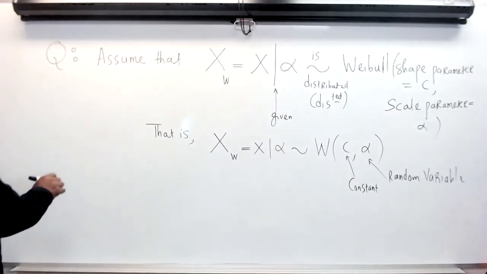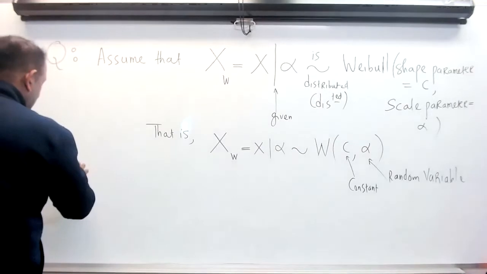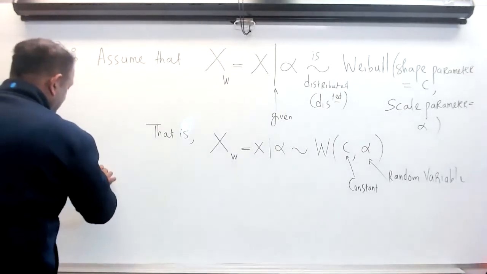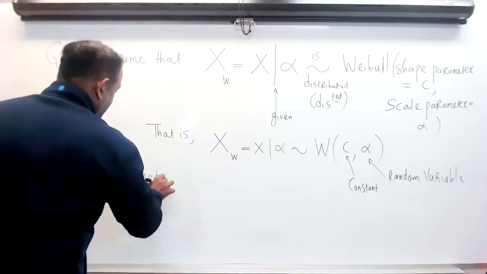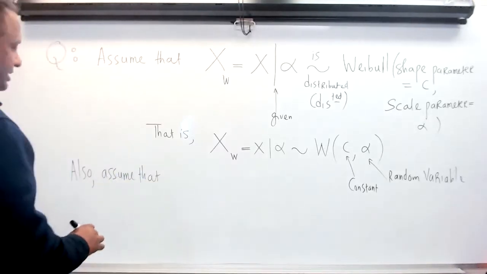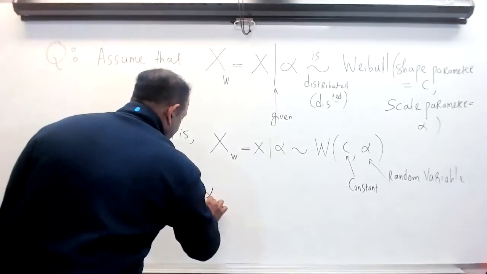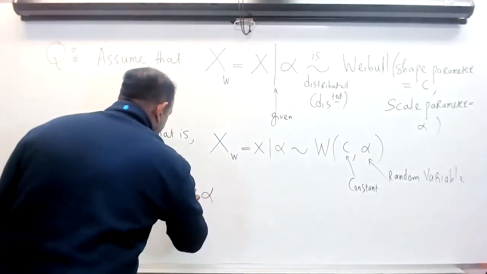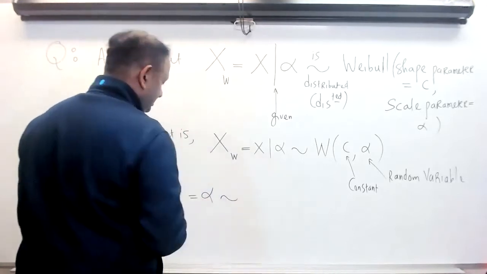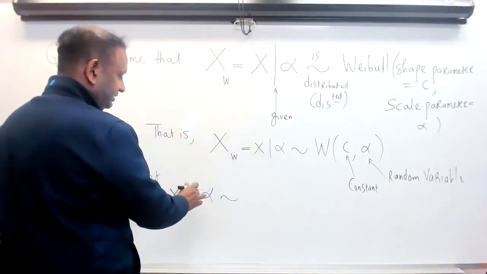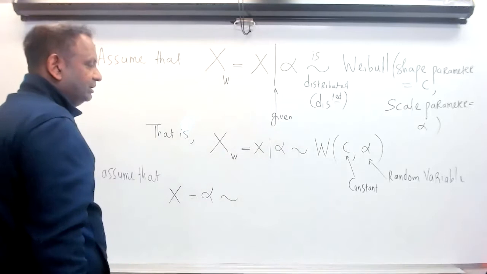And also assume that alpha, which I would like to denote by another X with a different letter, is distributed, not given this time, so all the parameters are constant.